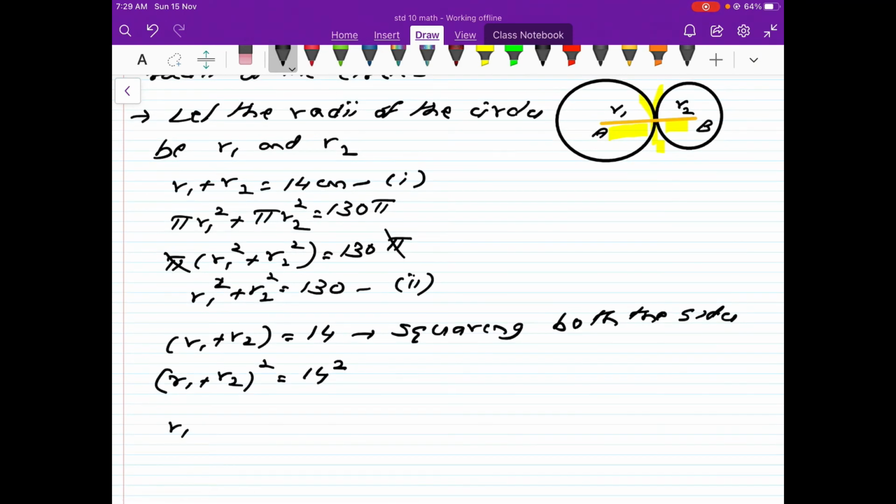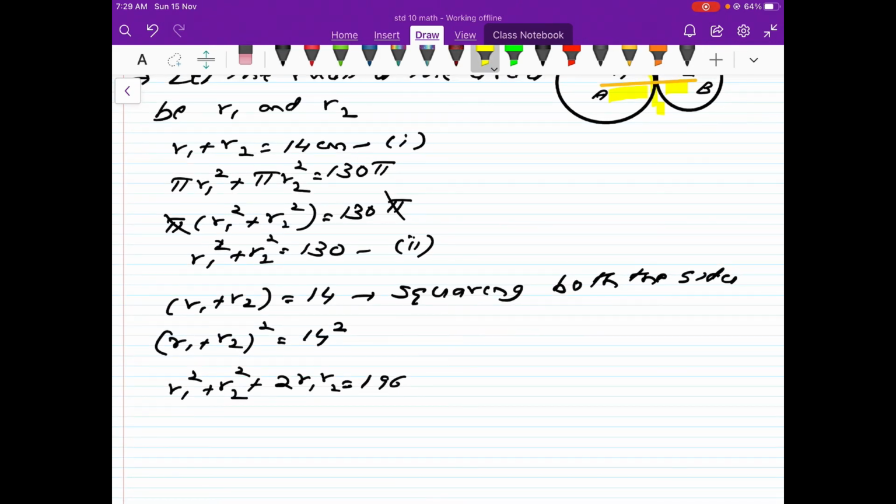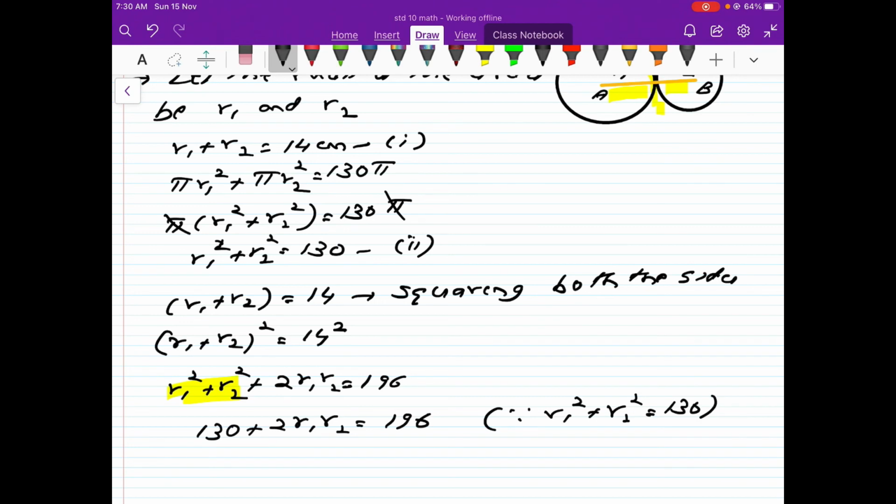So this is r1 square plus r2 square plus 2 r1 r2 is equal to 196. Now r1 square plus r2 square is given to us as 130. So instead of this we can write 130 plus 2 r1 r2 is equal to 196. This is because r1 square plus r2 square is equal to 130.